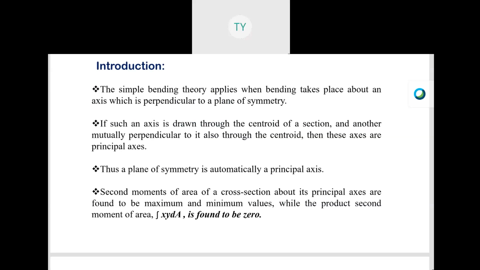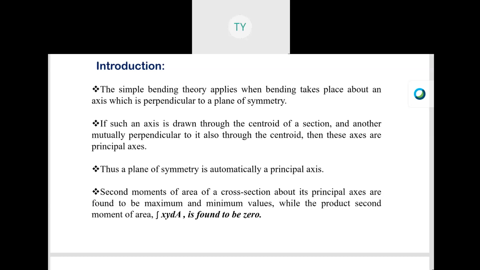What is a symmetrical section? Okay. So this is all about unsymmetrical bending. So please go through the slide.